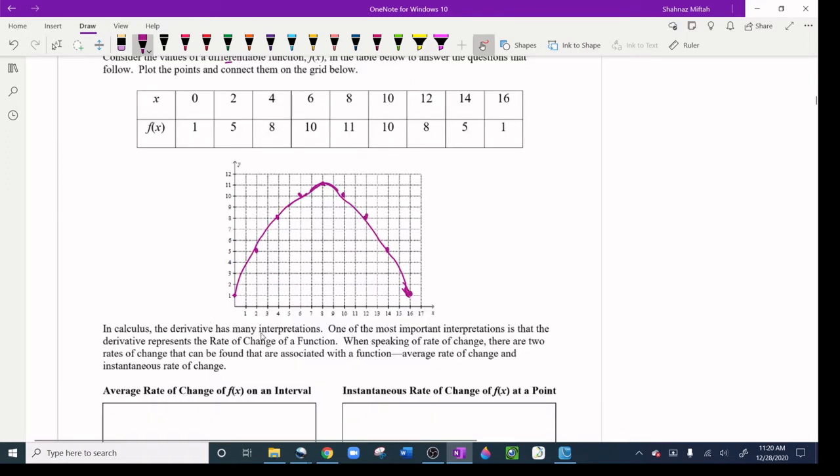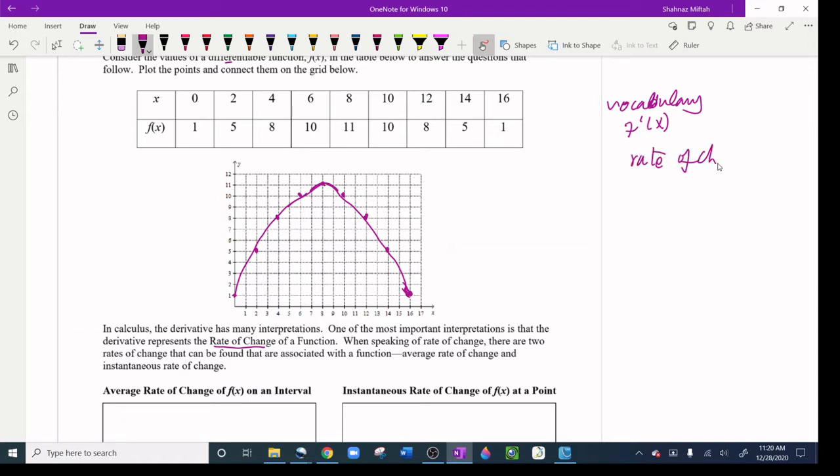In calculus, the derivative has many interpretations. One of the most important interpretations is that the derivative represents the rate of change of a function. So these are the vocabulary words that you have to know, and you can check those vocabulary words on your memorizing page. What are the vocabulary words we use for the derivative? It's gonna go rate of change. Write it down somewhere, please.